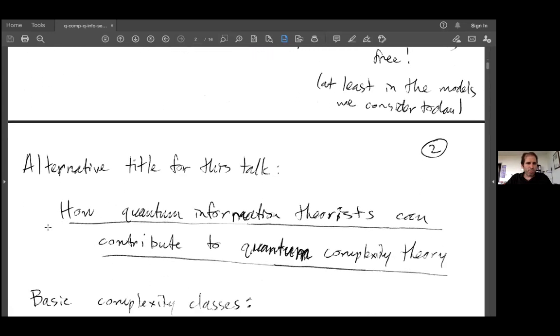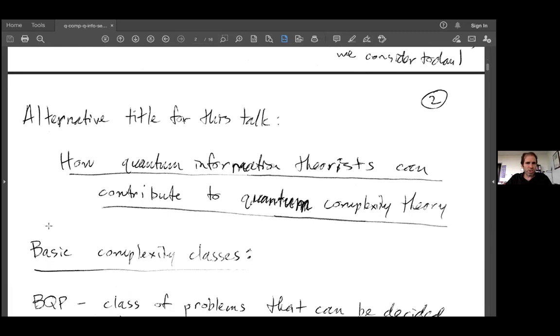If I were to pick an alternative title for this talk, something I mentioned at the beginning, it would be how quantum information theorists can contribute to quantum complexity theory. That's what I think is interesting, and where I think more work can be done than is currently out there.